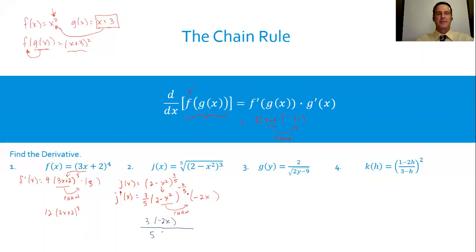This is a negative power, so I can put that whole monster on the bottom and make the exponent a positive number rather than a negative. That's why you do that step. Now you can combine this and get that -6 if you want, and write your final answer like that. There should be a 2.